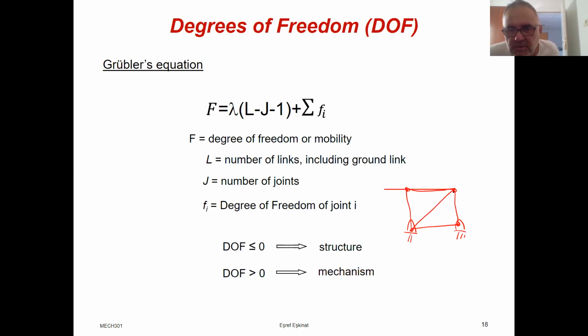But if you connect here and another link here, for example, this will be a box structure which has extra constraints, so that the degree of freedom, if you find it, probably will be -1 here. Okay? That's what it means. It's a structure with extra constraints. Or statically indeterminate structure, if you like.